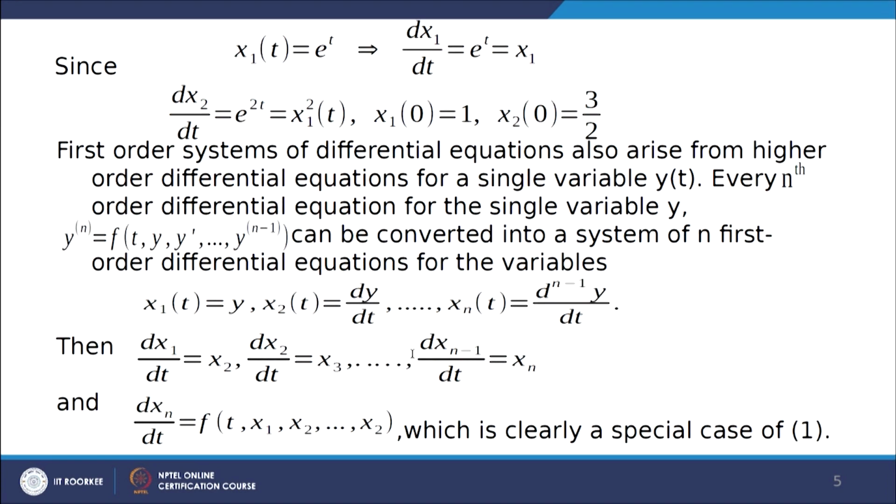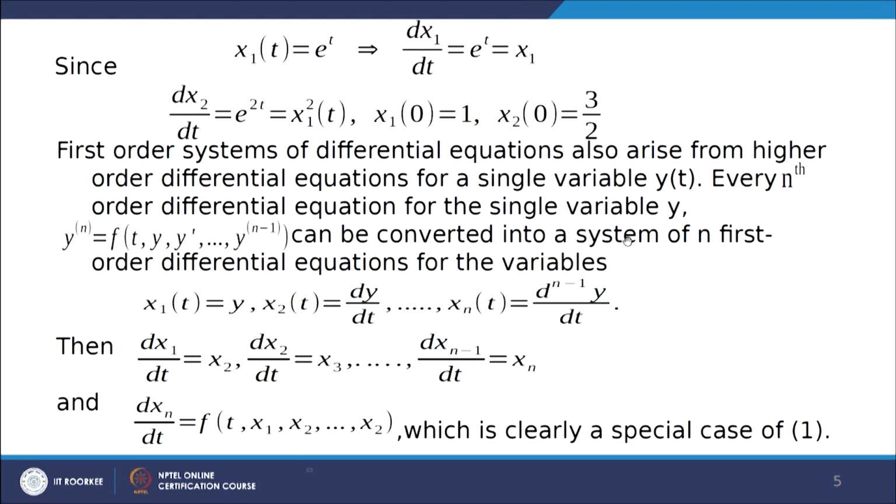Now, first order systems of differential equations also arise from higher order differential equations for a single variable y of t. Every nth order differential equation for the single variable y, y to the power n, where this is the nth derivative of y with respect to t, y^(n) which represents d^n y by dt^n, is equal to f(t, y, y dash, and so on, up to y^(n minus 1)), that is the n minus 1th derivative of y.